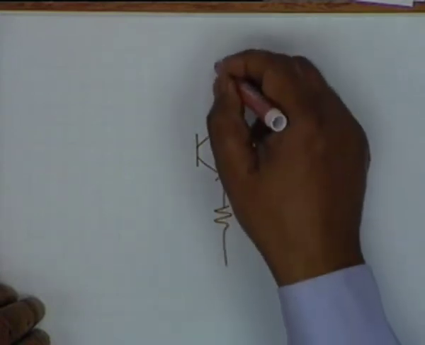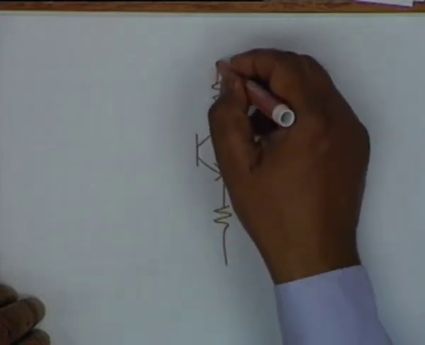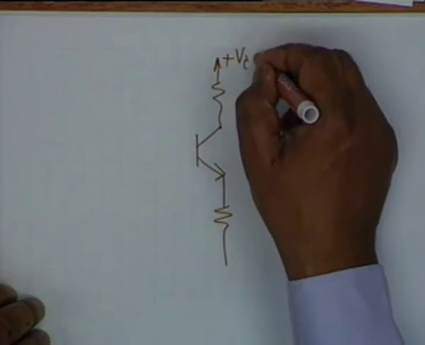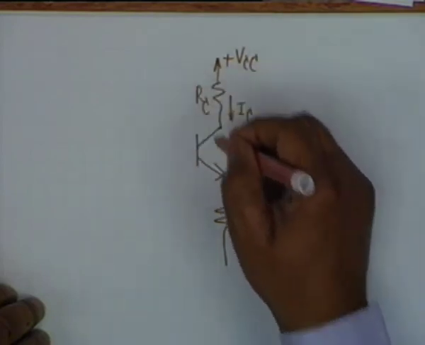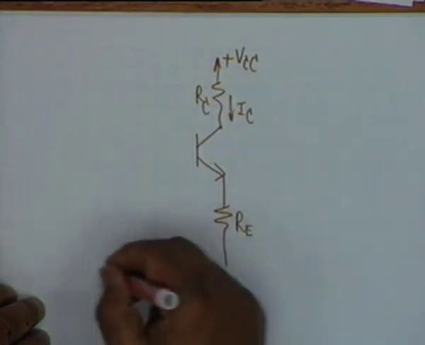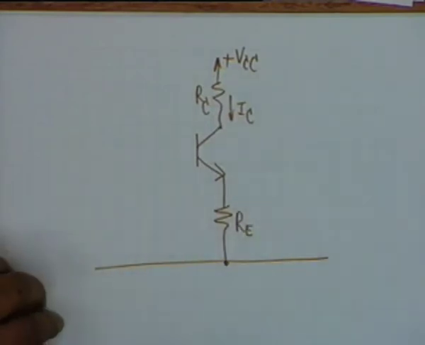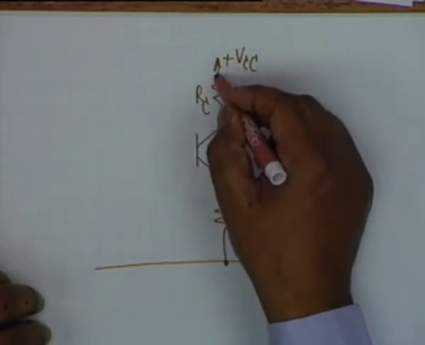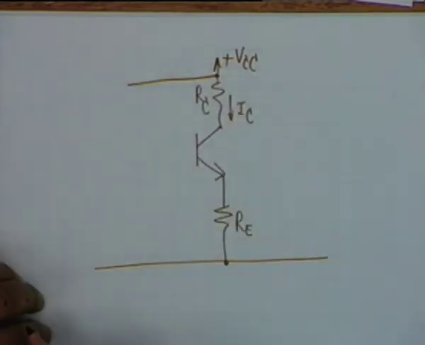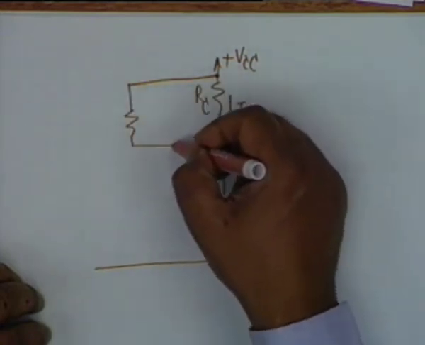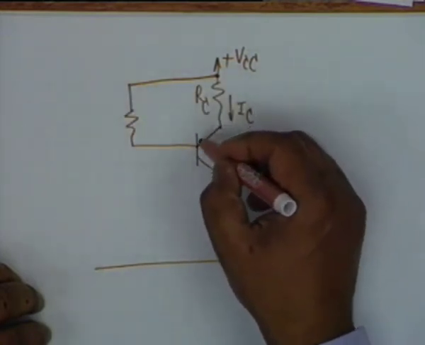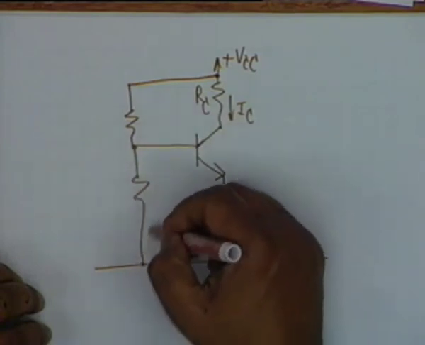It's a very simple circuit. You have two resistors here. This is plus VCC. This is I sub C. Call this R sub C and call this R sub E. In the emitter also there is a resistance, and the base is biased not through one resistance but through two resistances, that is R1 and R2.